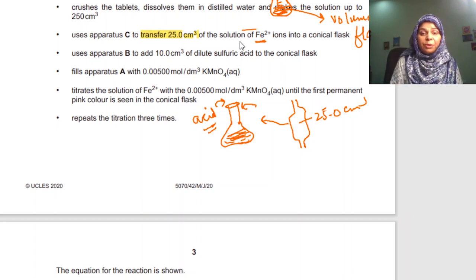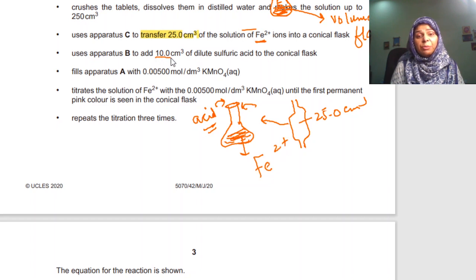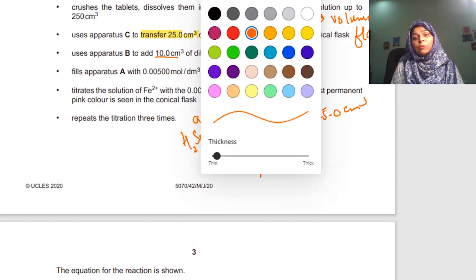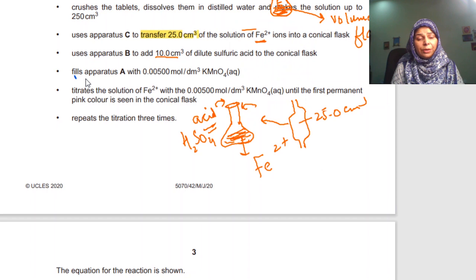From this 250 centimeter cube, 25 will be transferred to the flask. So in this conical or titration flask, 25.0 centimeter cube of the iron tablet solution is there. So the Fe2 plus solution is there, and we have added 10.0 centimeter cube of sulfuric acid by measuring cylinder. So this one is an acidic solution. Next step: fills up apparatus A. Apparatus A is our burette.